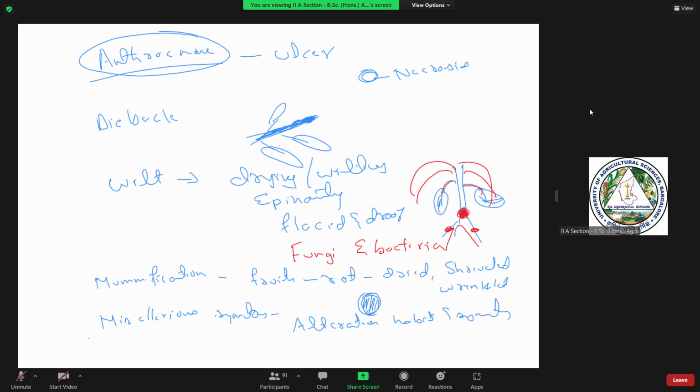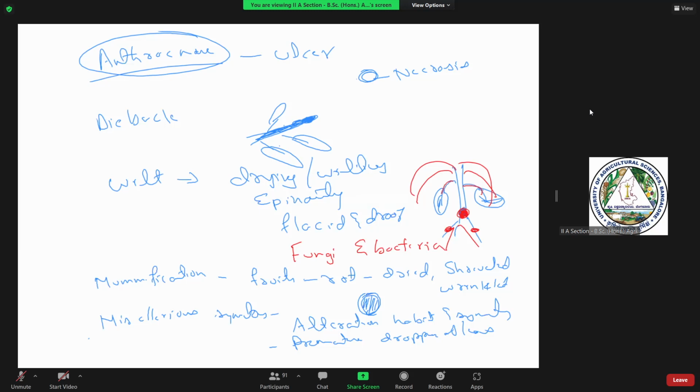Some of the diseases lead to premature dropping of the leaves, blossoms, fruits, and so on, because of senescence. Some pathogens induce the plant to produce more ethylene, thereby the premature dropping of the leaves is seen.